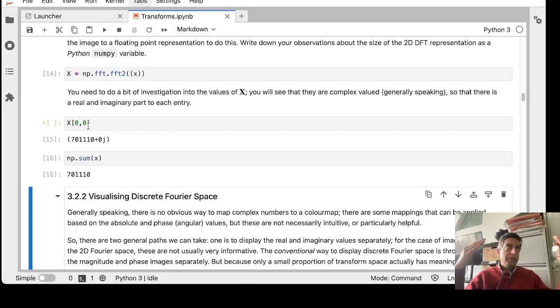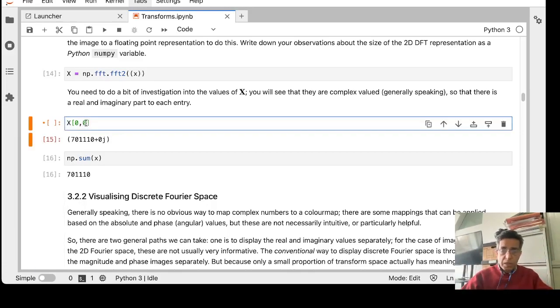So effectively we're multiplying the pixels by the Fourier kernel, which is e to the 2 pi j times the angular frequency. Since the angular frequency is 0, we just have e to the 0, which is just 1. And so we're summing just over all the pixels in the image, and that's why that first 0 term is so big.